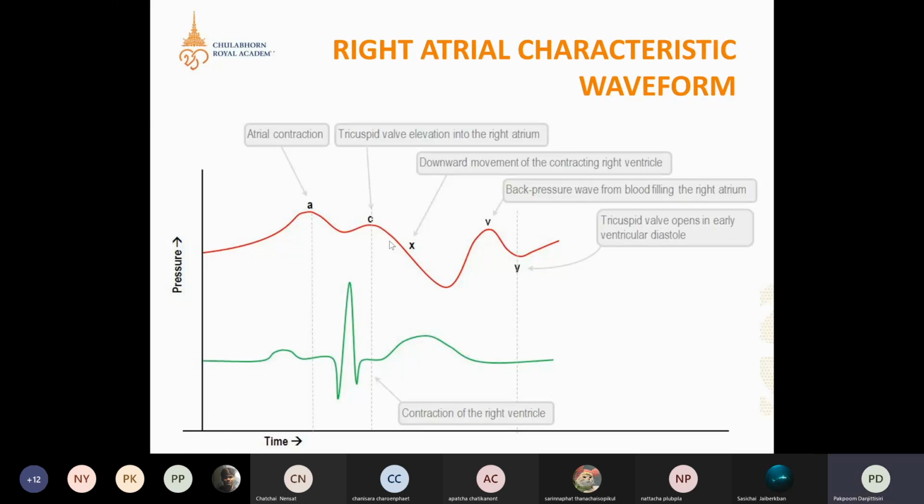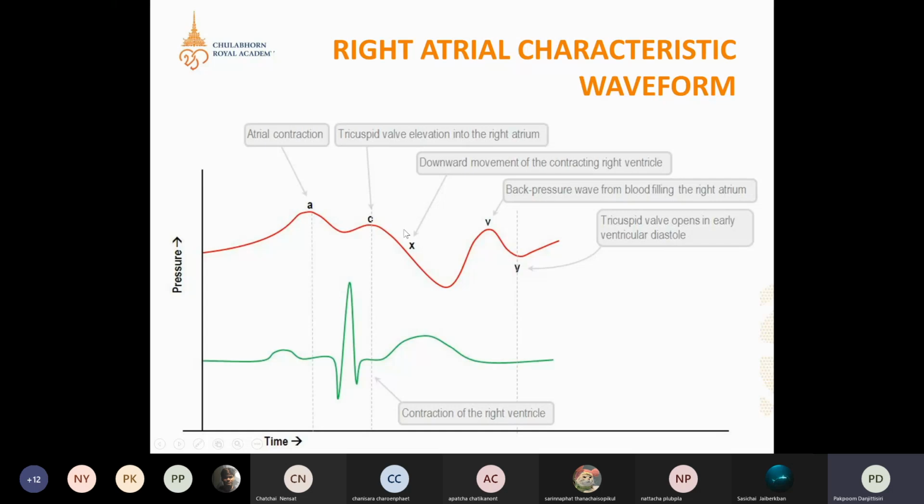After the mitral valve or tricuspid valve closes, the pressure inside the ventricle is equal to the atrium, right? After that, the ventricle tries to build up more pressure.